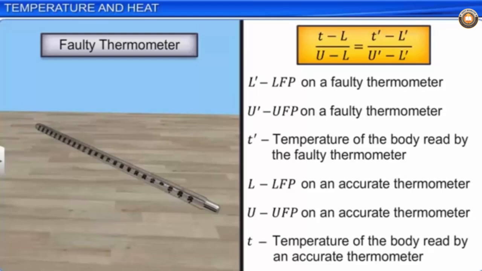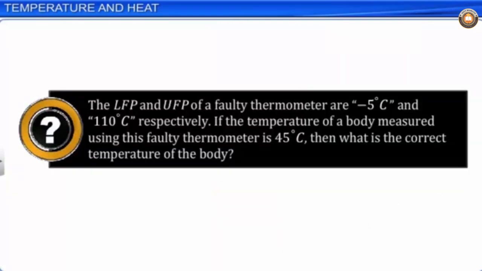Let's solve a problem based on this formula. The LFP and UFP of a faulty thermometer are −5 degrees Celsius and 110 degrees Celsius respectively. If the temperature of a body measured using this faulty thermometer is 45 degrees Celsius, then what is the correct temperature of the body?